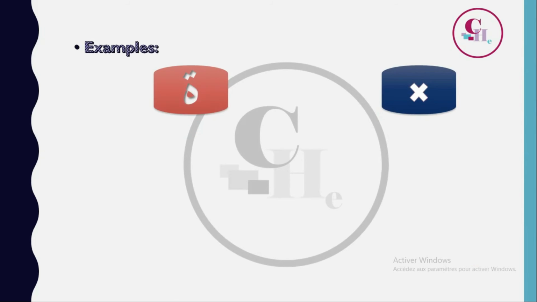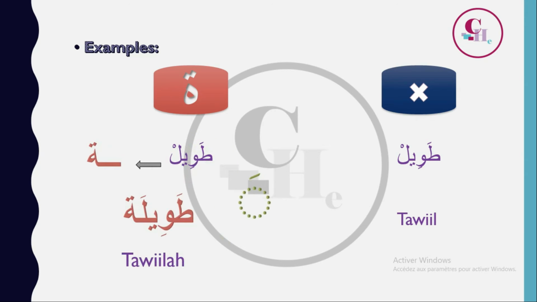Let's take more examples. We're gonna take طويل, which means tall. We change the form to feminine and it becomes طويلة. As you can see here, we connect حرف التاء with the last consonant, which is حرف اللام, طويلة.